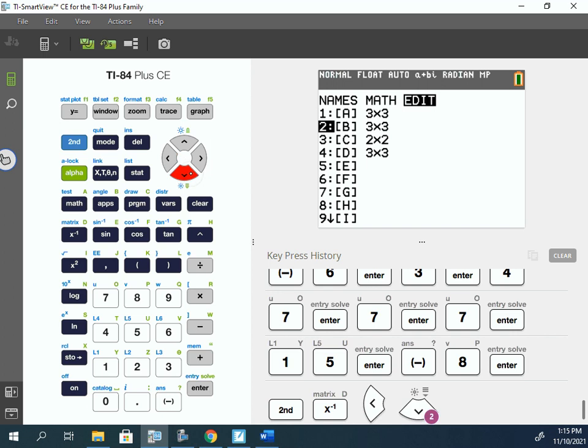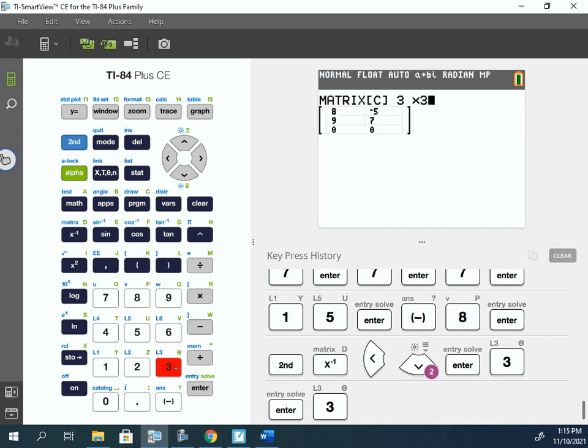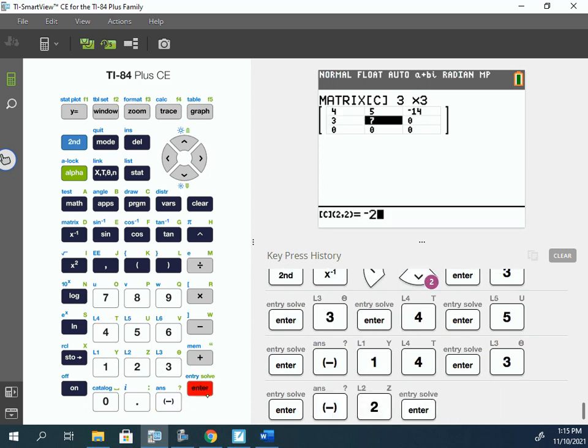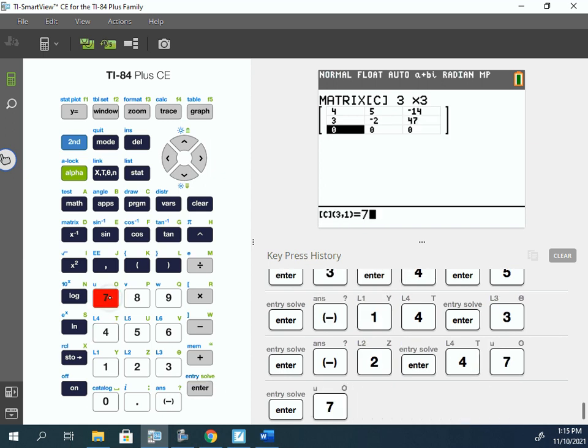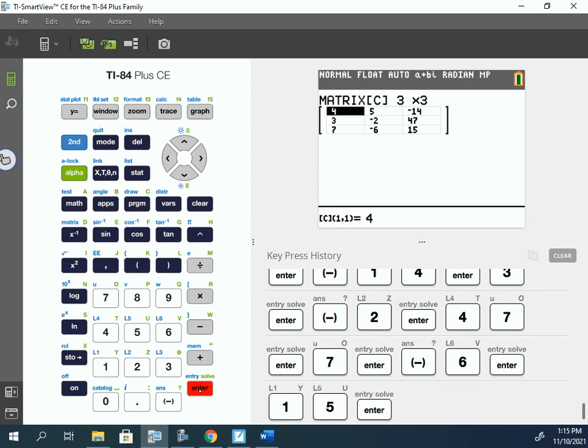Then we're going to edit matrix C, which is a 3 by 3. We have 4, 5, -14, 3, -2, 15. So we've edited the first 3 so far. Now we just need to put the last one in, yes?